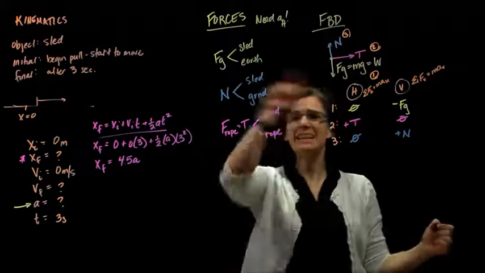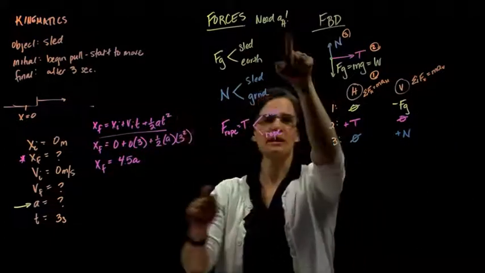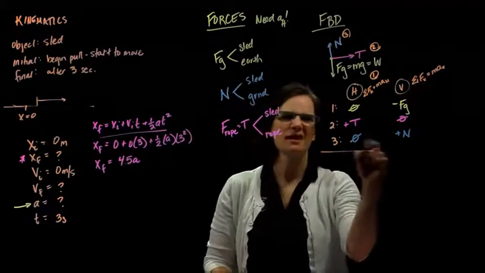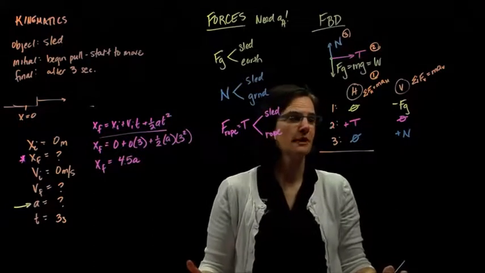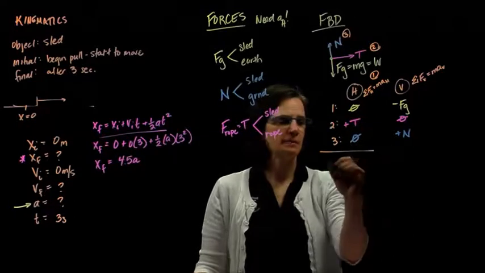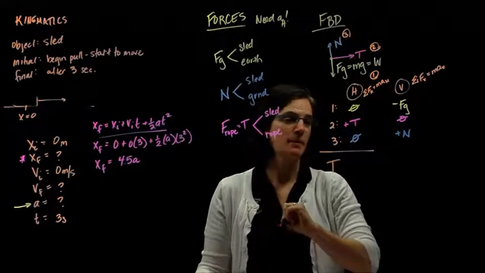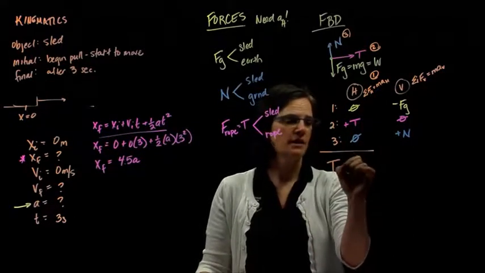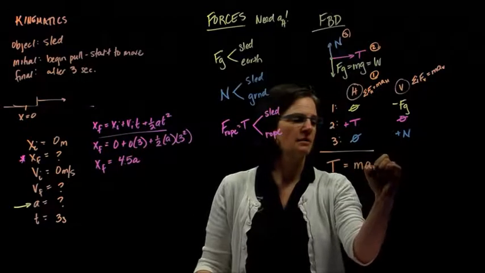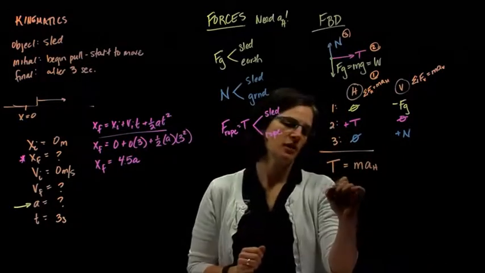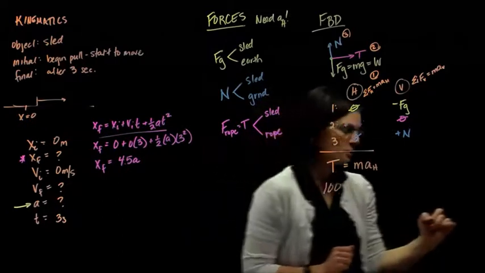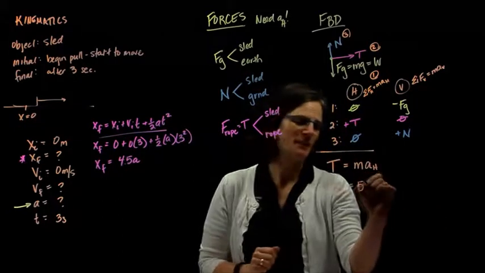Now I need acceleration, and that's in the horizontal direction, so I'm going to look at that list first. Might need the vertical list, but we'll find out. So 0 plus T plus 0 gives me T, just a positive T, the tension, and that's going to equal the mass times the horizontal acceleration. I'm told that the rope has a tension of 100 newtons. I'm also told that the mass is 50 kilograms.